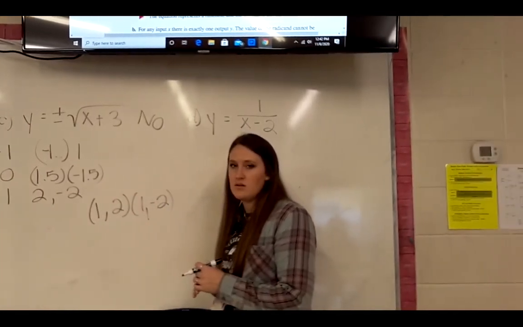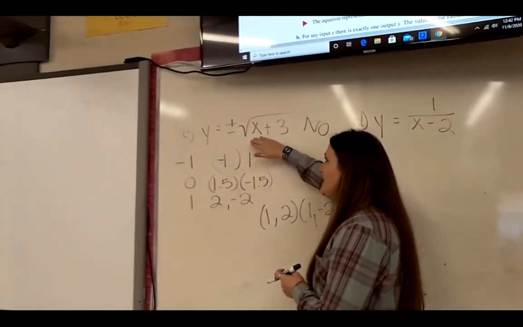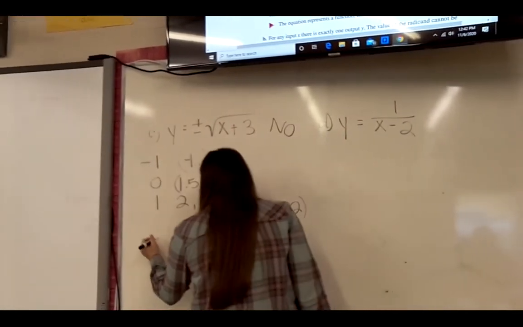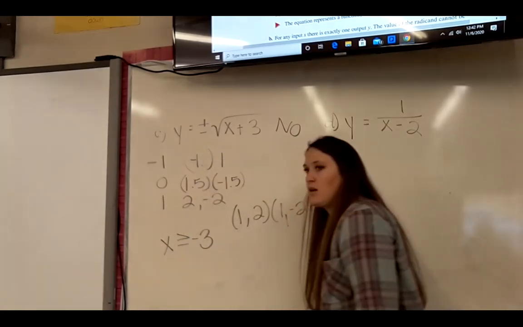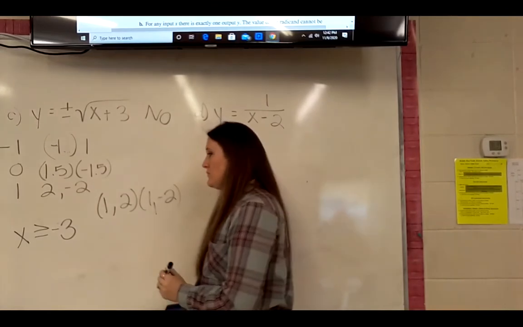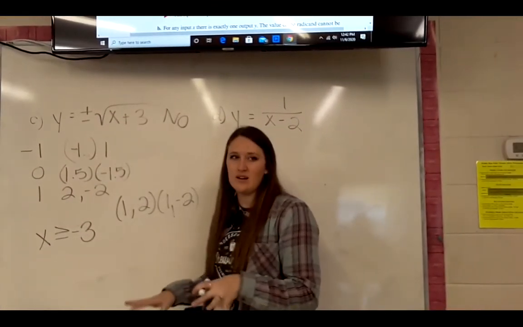Negative 3. Negative 3 plus 3 is 0. So anything less than negative 3 would make it negative in here. So for your domain, x has to be greater than or equal to negative 3. Because anything less would make it negative inside the square root. Are y'all still with me so far? Sort of. I know these are kind of blurry.